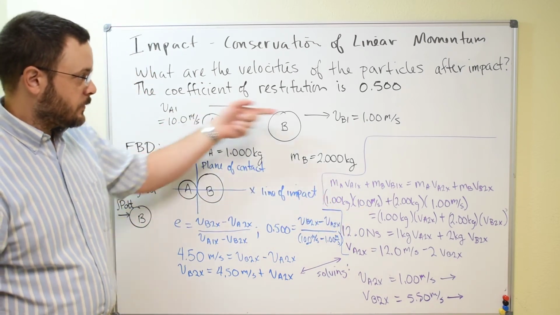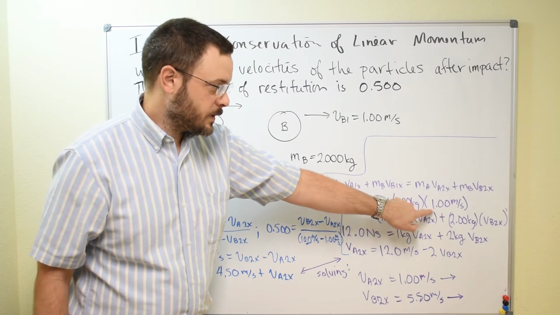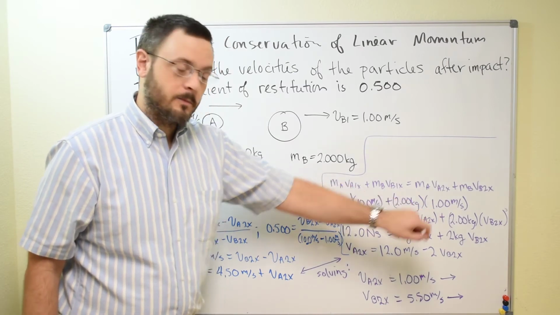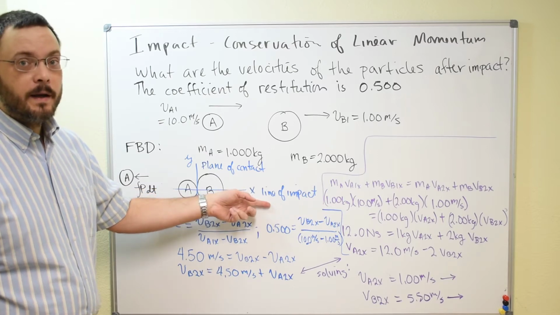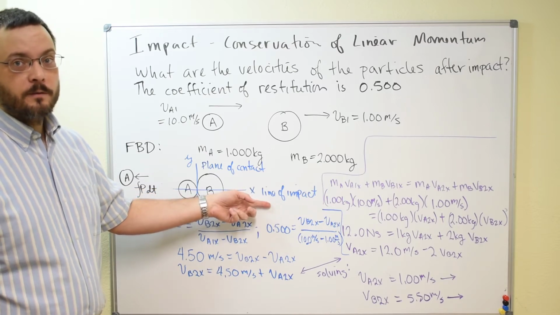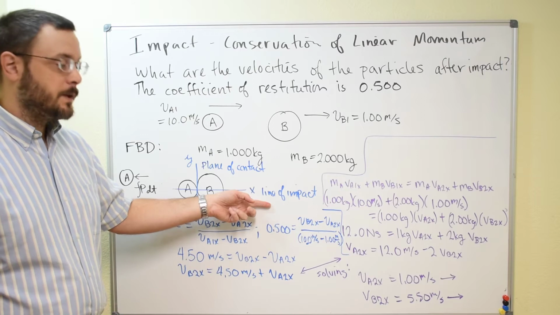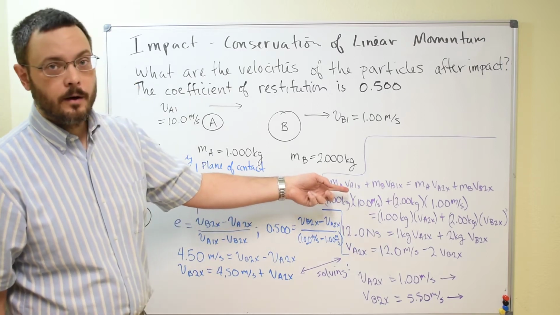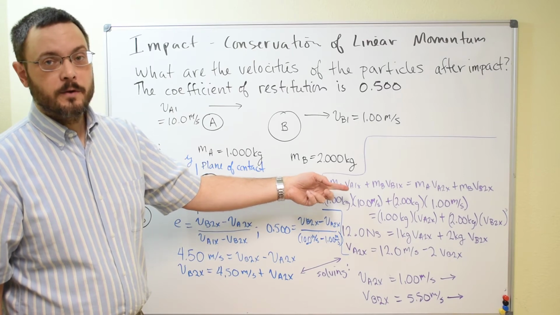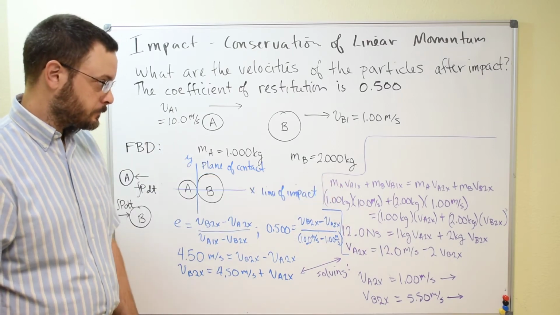Over here it's also going in the positive x, and that's 1 meter per second. In this case, x corresponds with our line of impact. That's how we always have to run it. The line of impact always has to be our x-axis, and the x-axis is where we do our conservation of linear momentum.